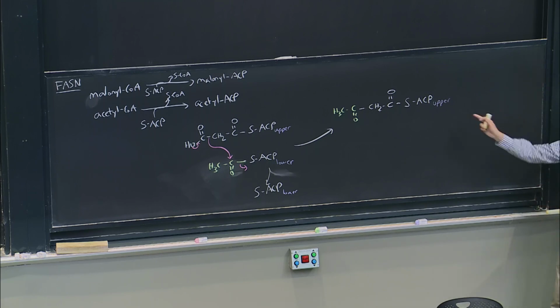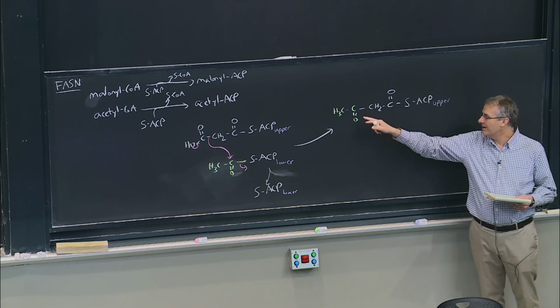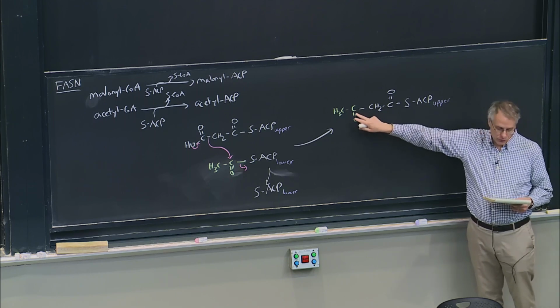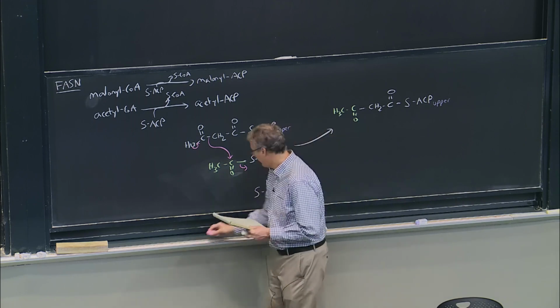Okay? Once you have this now 4-carbon chain, obviously if we're going to make a fatty acid, we have to reduce this carbon. And so that's exactly what happens.